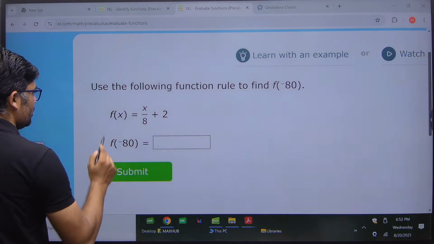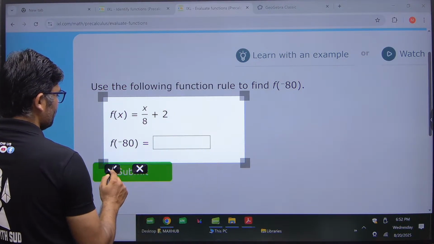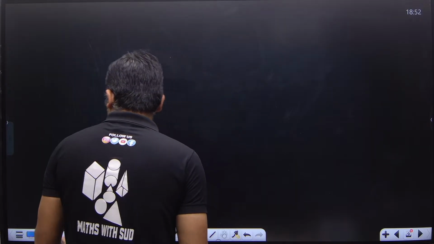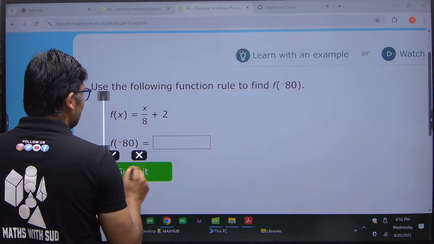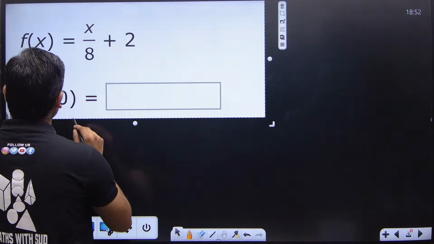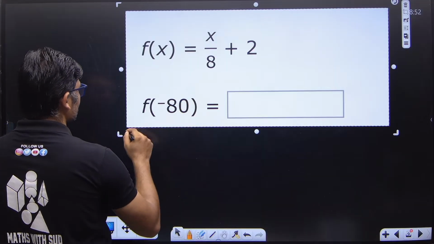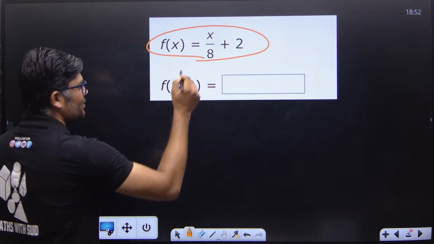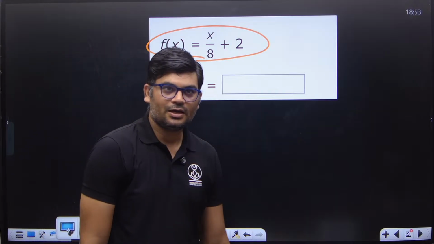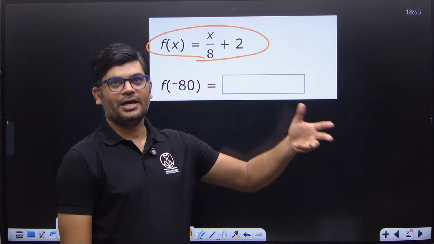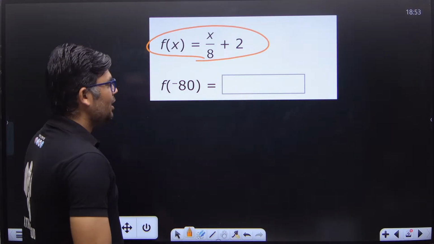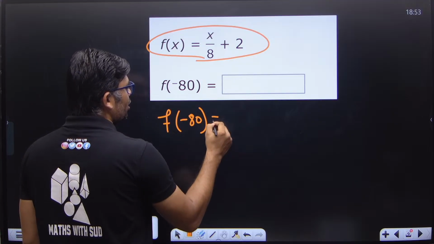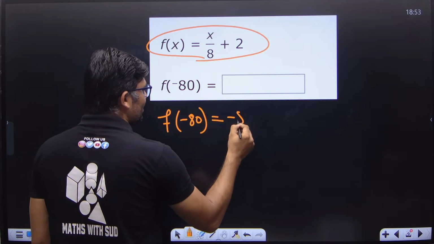Can you see a question in front of you? Now how to do this question? We do this question just by replacing the value of x. What is f(x) given as, beta? X by 8 plus 2. If somebody asks you what is f of minus 80, instead of x you have to replace it by minus 80.